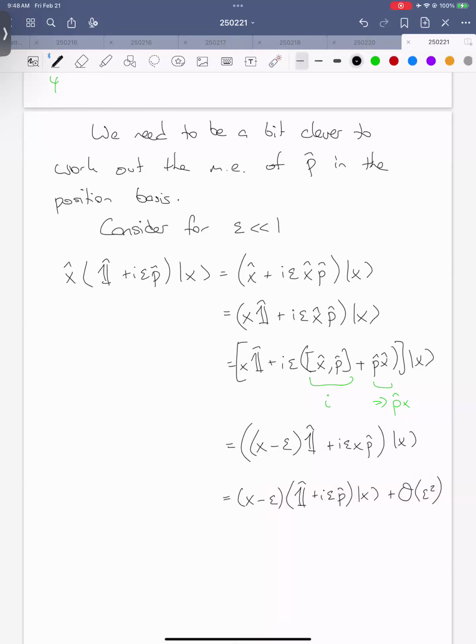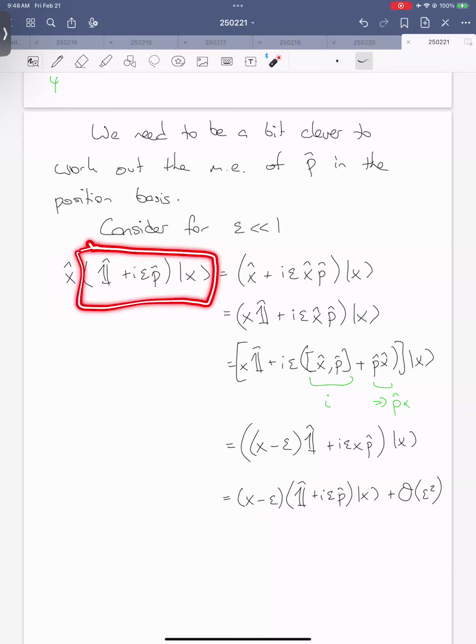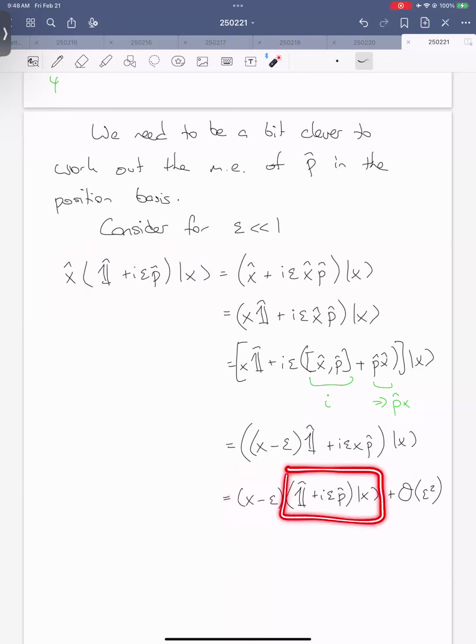So what that tells us then is I have the x operator acting on this state, this ket, gives me x minus epsilon, and then the same ket again. What does that mean? It means that this ket is an eigenket with an eigenvalue of x minus epsilon. And what do we denote eigenkets of the x operator with a particular eigenvalue? We just name it what the eigenvalue is.